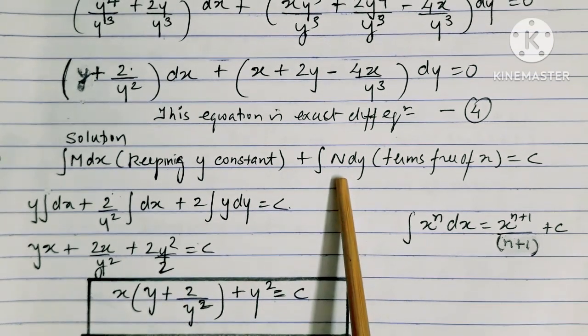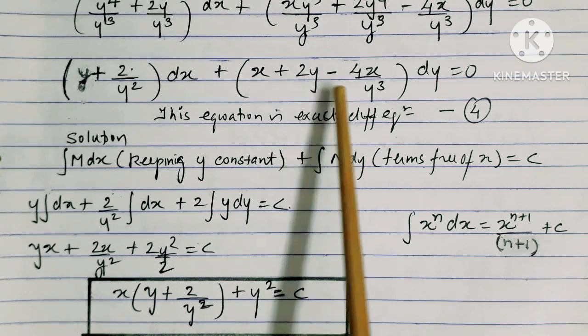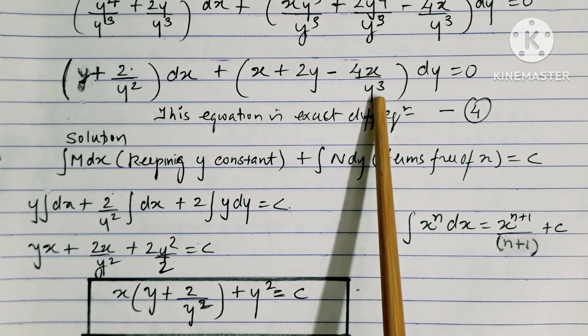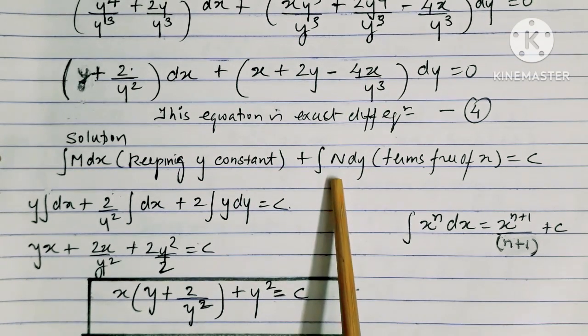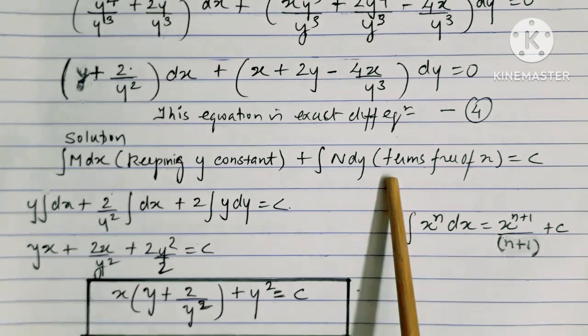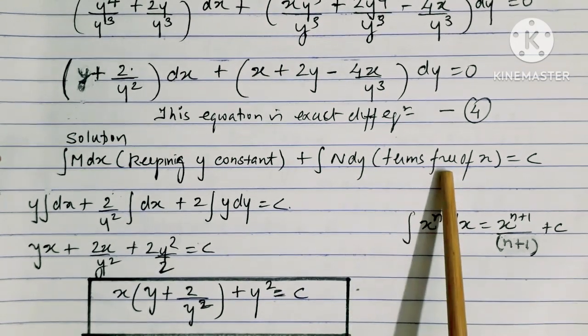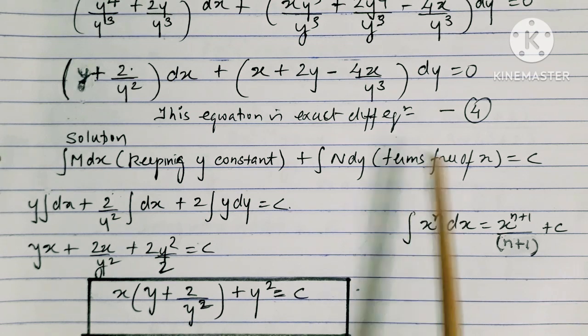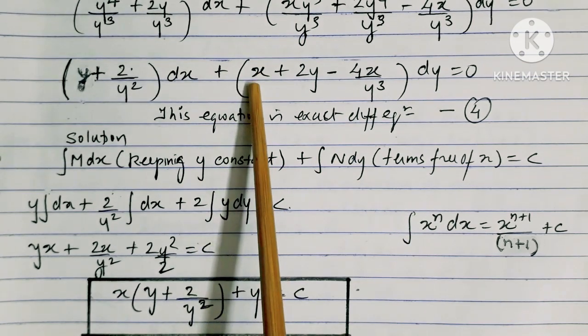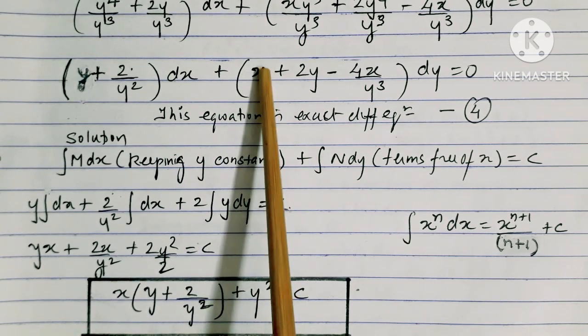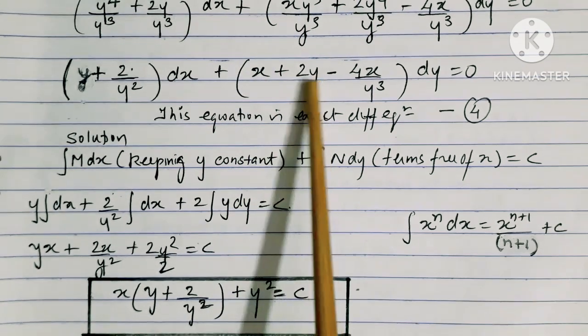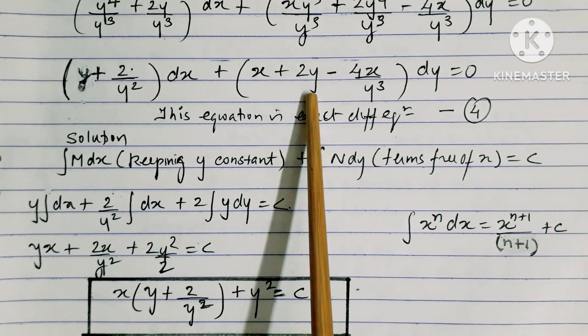Now n is equal to x plus 2y minus 4x upon y cube. We'll have to integrate n with respect to y and integrate only those terms in n which are free of x. Now the first term of n is x. Therefore, we'll have to neglect this term. The second term is 2y, and this term is free of x.